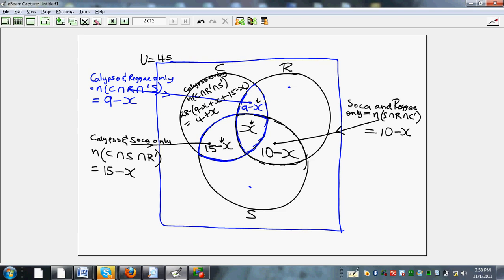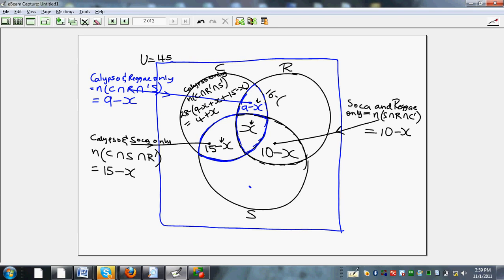Okay, so how would we get reggae only now? Let's go reggae only now. To get reggae only, we'd look at those who like reggae, and they said that was 16 students. So those that like reggae are 16. But to get reggae only, you'd have to take away from that 16 all of the other areas in the reggae circle.